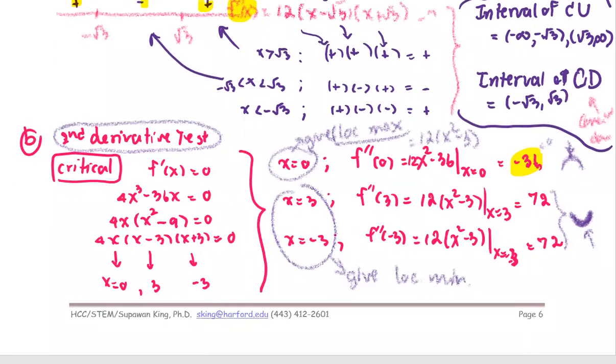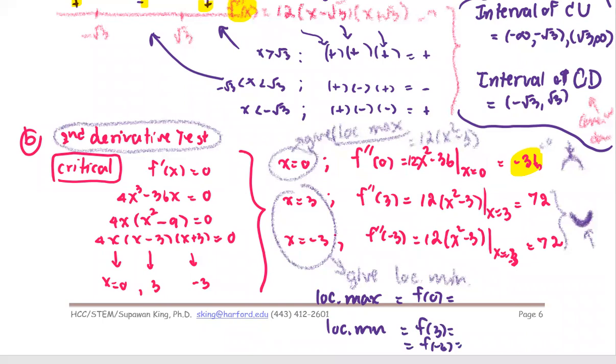So then what are those numbers? We're gonna have to compute. So the local max value is the function at 0, and the local minimum value is the function at 3 and the function at -3.